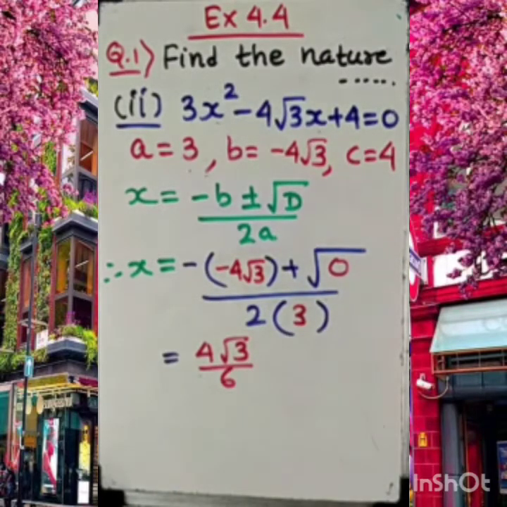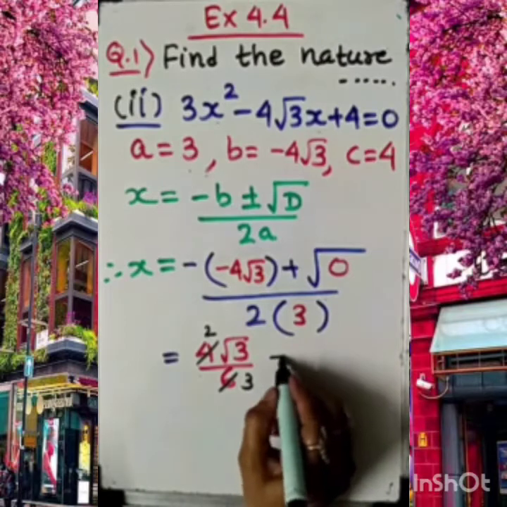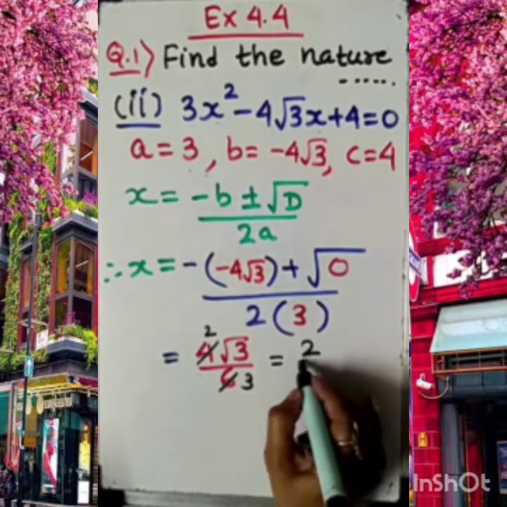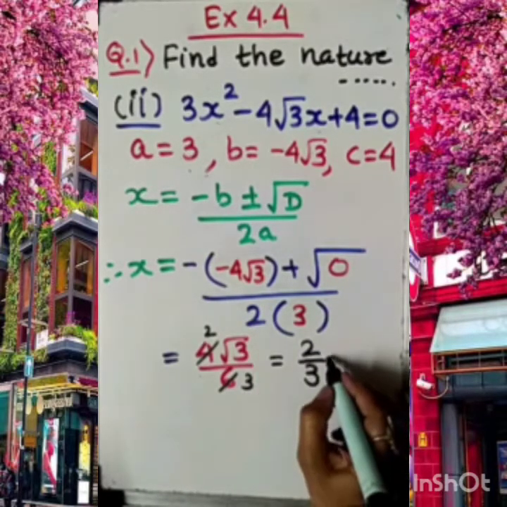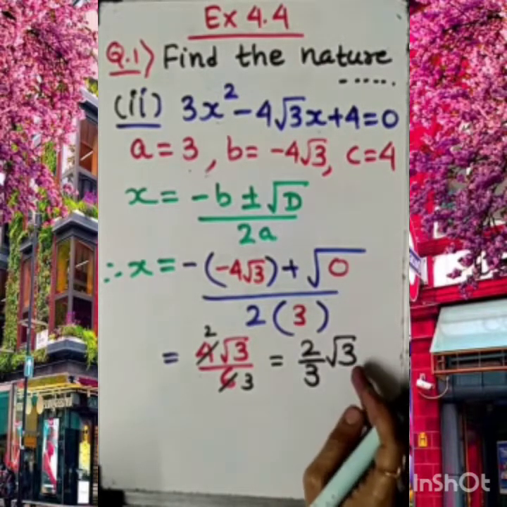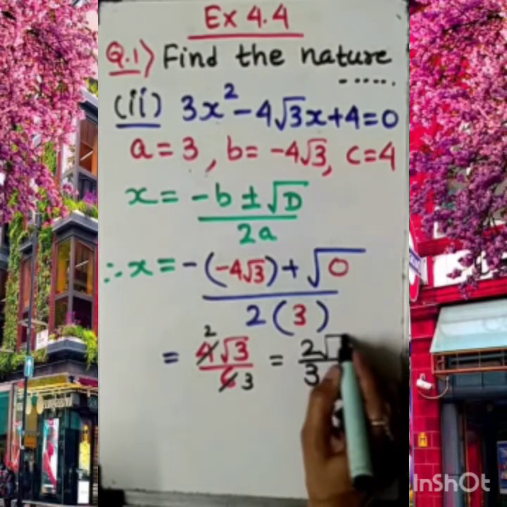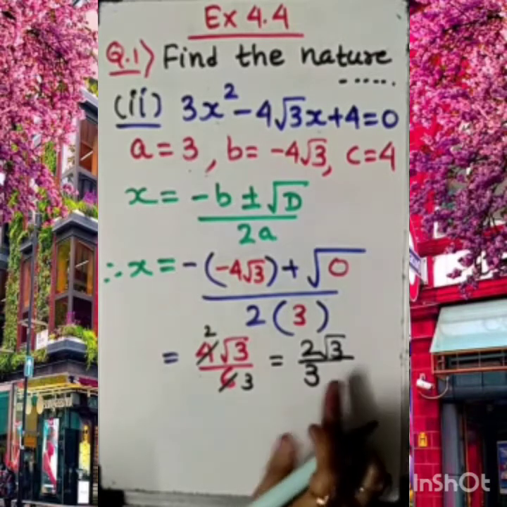So let's simplify. It will be 2 on top and 3 below. So my dear student, it will be 2/3 into √3. You can say 2√3/3. Now if I ask you to rationalize, this is the form which we are getting.